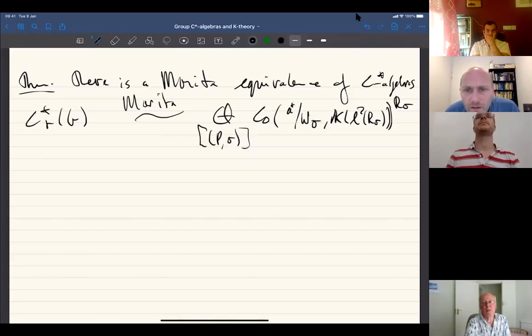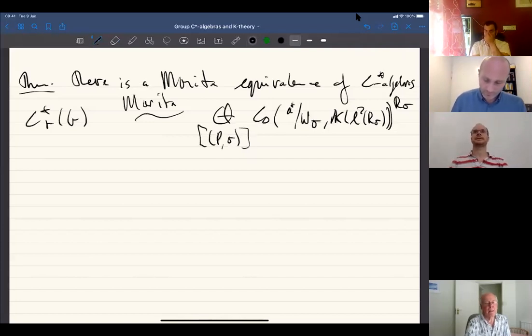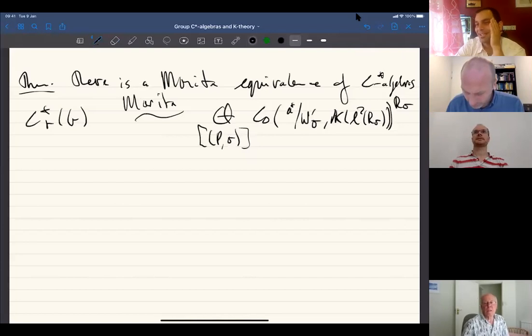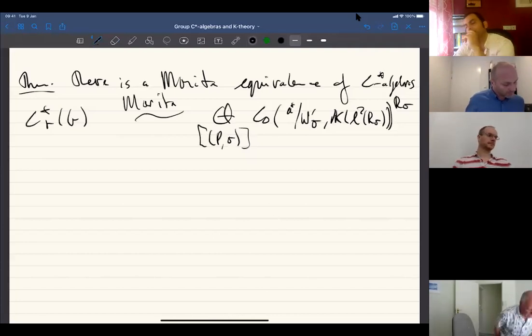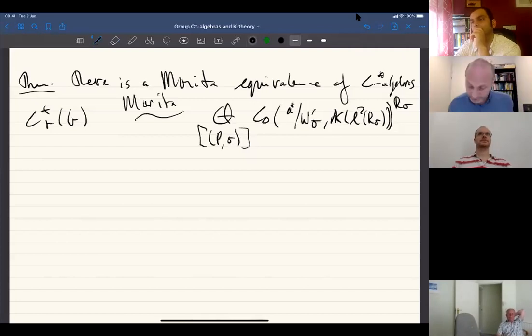A star modulo W sigma prime on the right hand side. Here. Yeah. Part of W sigma acts trivially on the compact operators. Yeah. And then this is what we want to have, right? Yes.